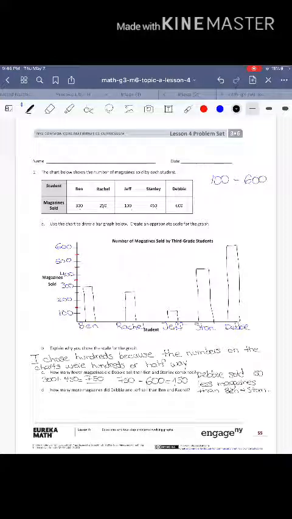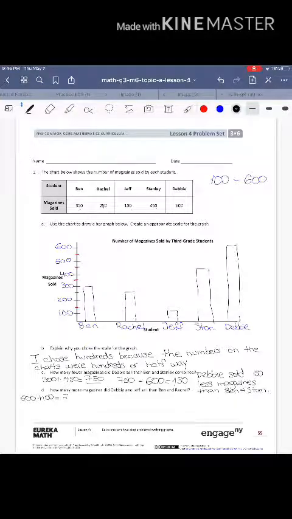Period. Okay, and now we move on to the last one, and it says, how many more magazines did Debbie and Jeff sell than Ben and Rachel? So here we have to find out Debbie and Jeff together. Let's just add it up really quick. Debbie had 600 and Jeff sold 100.